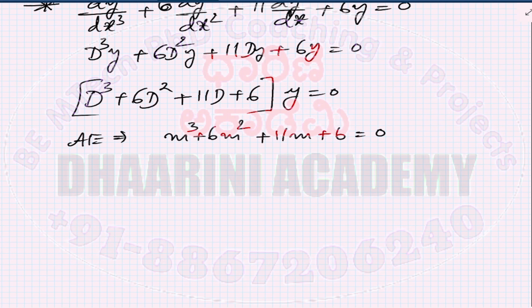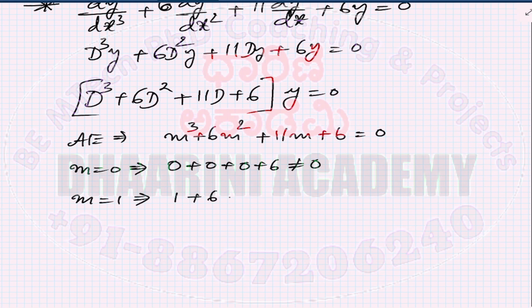Otherwise, my next option is to make the table. So what I do, I find one of the roots, right? Let me say m equal to 0. When m equal to 0, 0 plus 0 plus 0 plus 6, this is not equal to 0, so not a root. Next, I'll put m equal to 1. So this is 1 cube plus 6.